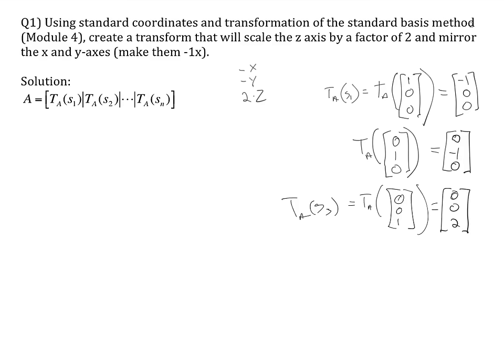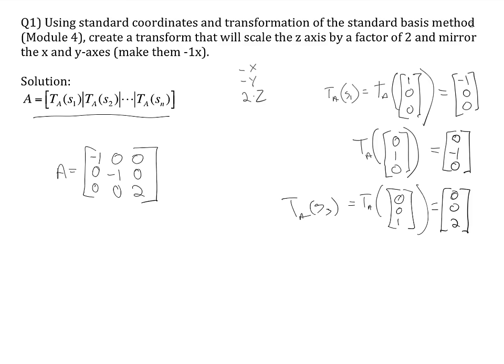Okay, so now we have those 3. We're ready to assemble them, just as is shown right over here. So we can assemble those into A, and so what does A equal? A is going to equal -1, 0, 0, 0, -1, 0, and the third column is 0, 0, 2.